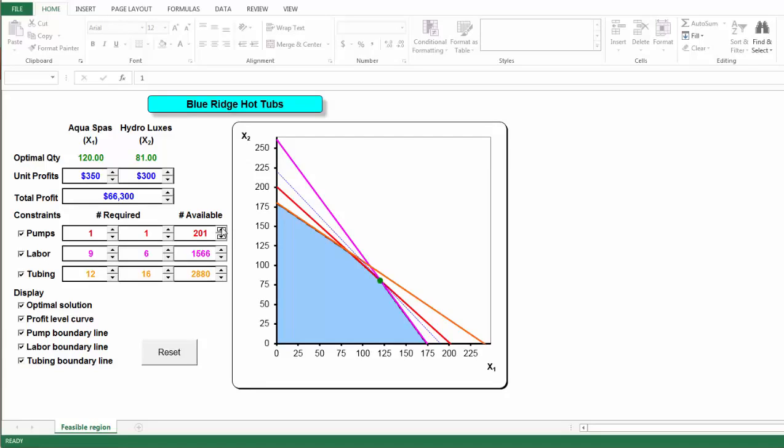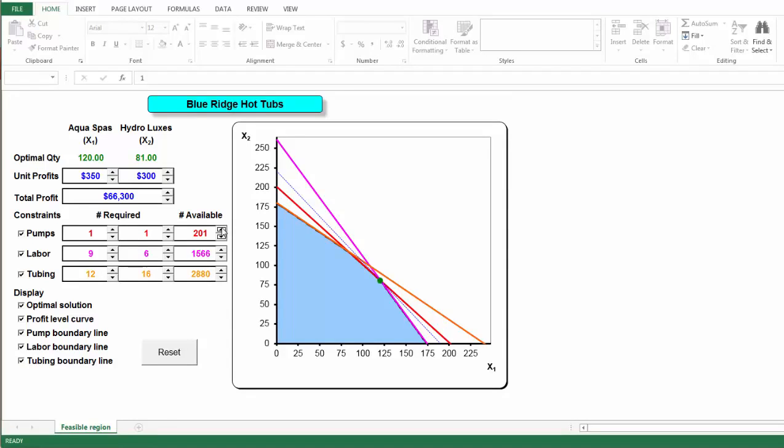It's just that the pump constraint boundary line is no longer x1 plus x2 equals 200, but x1 plus x2 equals 201. Now we can solve the two boundary lines for the new optimal solution: x1 plus x2 equals 201 and 9x1 plus 6x2 equals 1566.